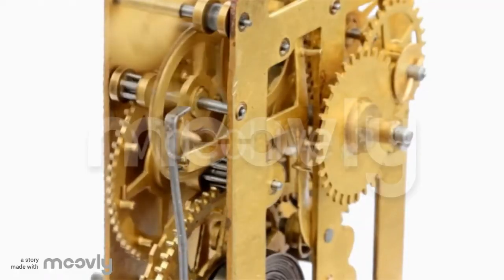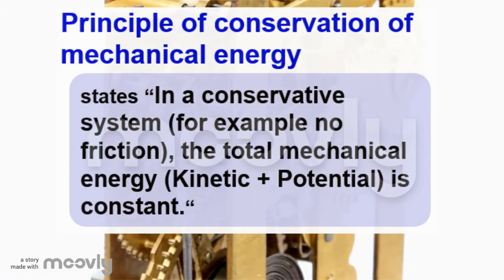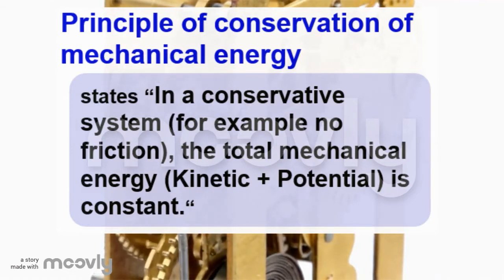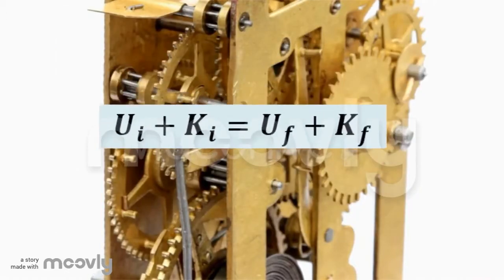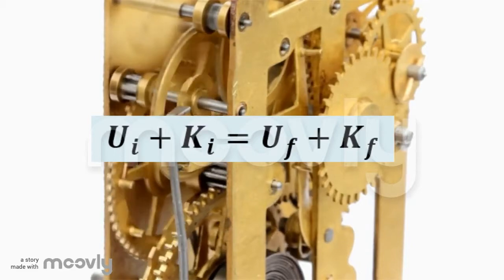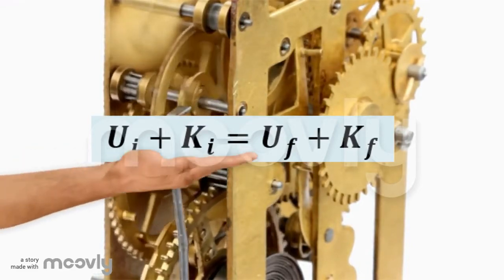The same law applies to the principle of conservation of mechanical energy. It states that in a conservative system, for example, with no friction, the total mechanical energy, which is kinetic and potential, is always constant. So the initial potential energy plus the initial kinetic energy is equal to the final potential and kinetic energy.